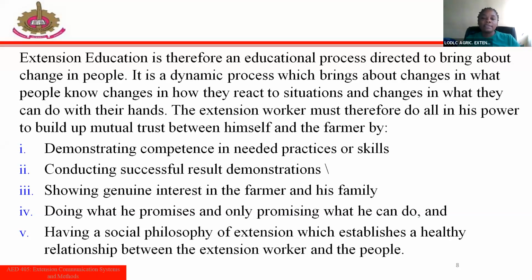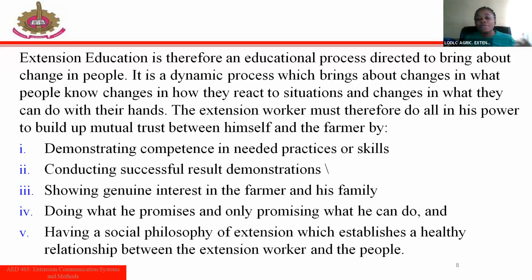Okay. So the extension worker must do all in his power to build up mutual trust between himself and the farmers. By doing this, one, you are demonstrating competence in practices or skill. You are conducting successful result demonstrations, showing genuine interest in the farmer and his family, and empathy, to sympathize with them when they are bereaved, when they are celebrating.